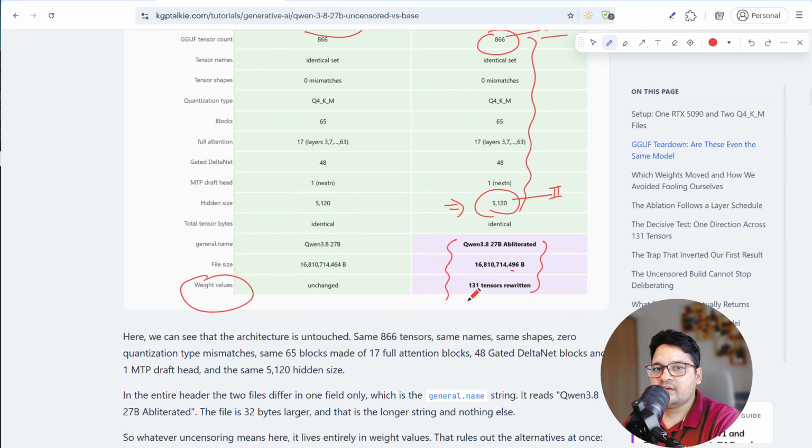But if we compare the Unsloth Ollama with the uncensored one, I found that 131 tensors got rewritten out of 866. That is why I told you to remember 866. So out of 866 tensors, 131 tensors were rewritten. Now the question is, what are those tensors, and how were they rewritten? I'm going to discuss those things here.